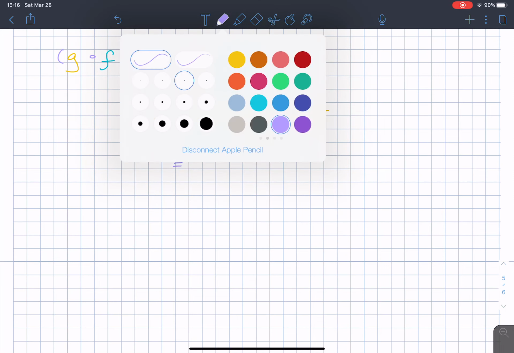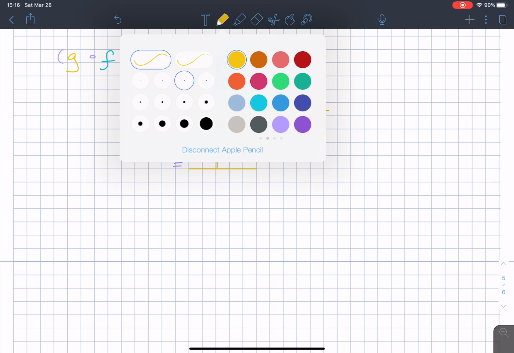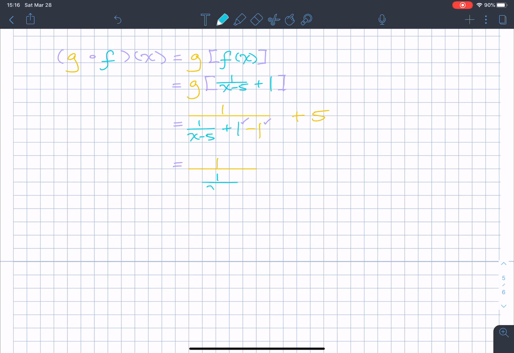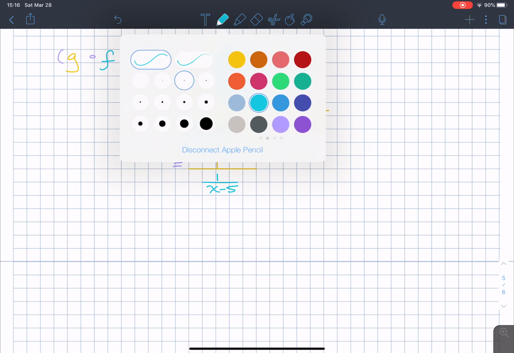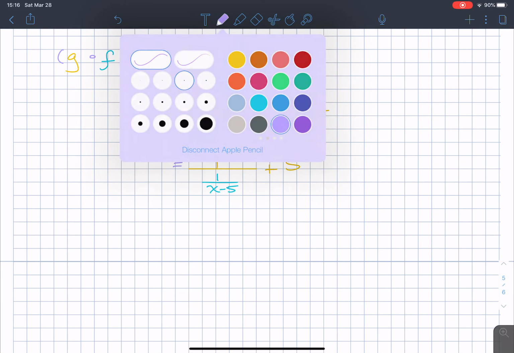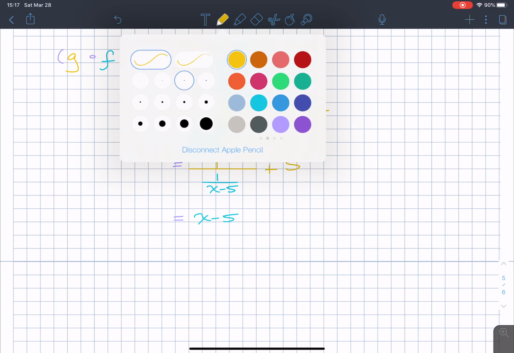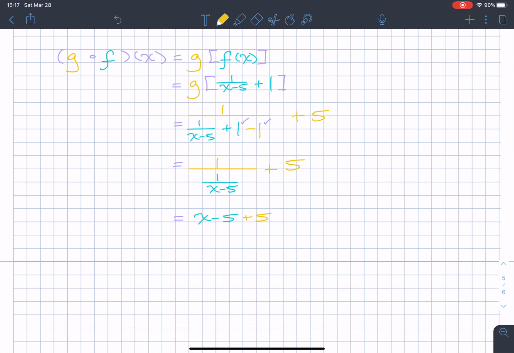So I'm left with 1 over 1 over x minus 5, to which I'm adding 5 on the outside. So invert and multiply. This becomes x minus 5 over 1 times 1, or simply x minus 5 plus 5. The 5's sum to 0, and I get x, check mark. So therefore they are inverse functions.